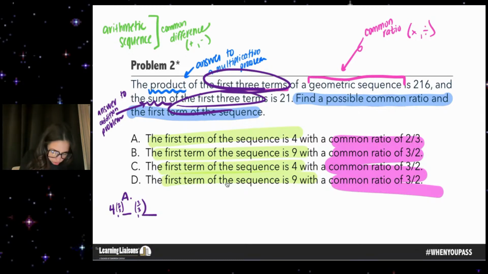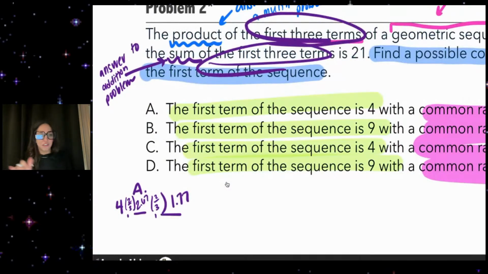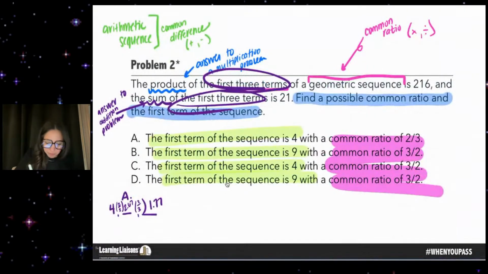Four times 2/3 is 2.67. And 1.77. That added together is not going to give me 21. I don't even need to multiply it to know that it's not going to equal 216. 4 plus 2 plus 1 is never going to give me 21, so it's not A.